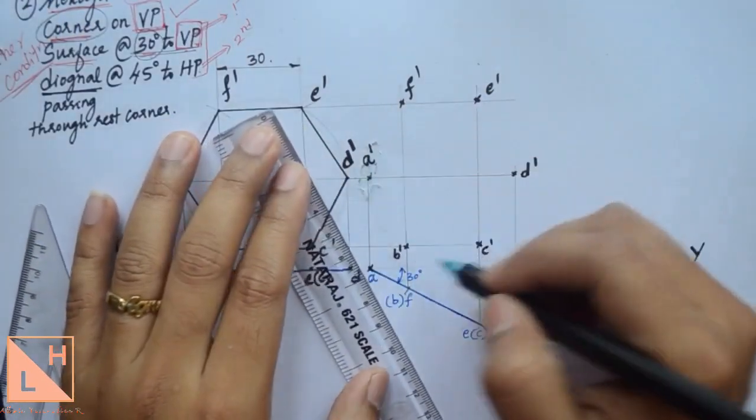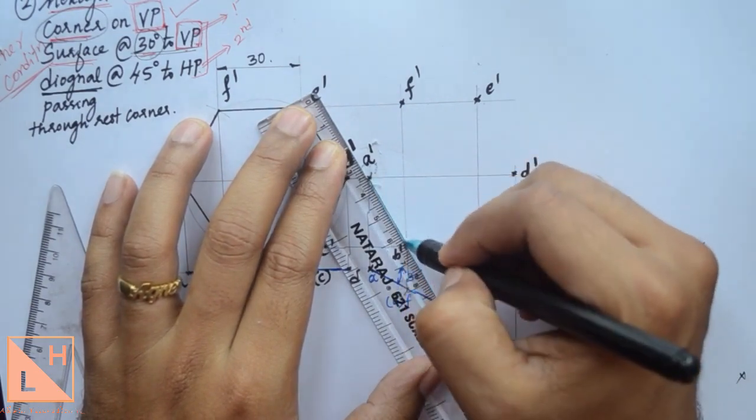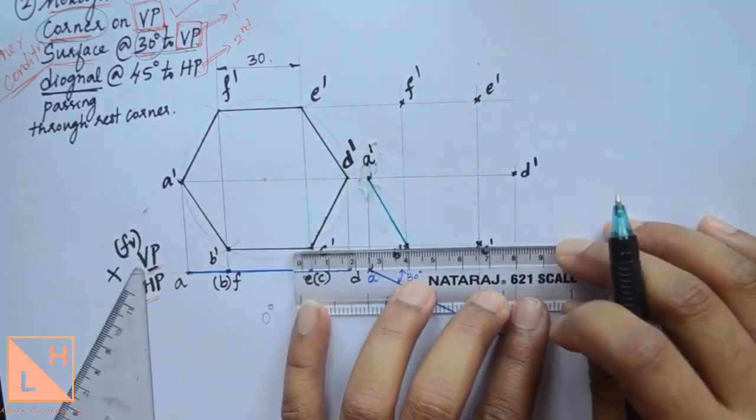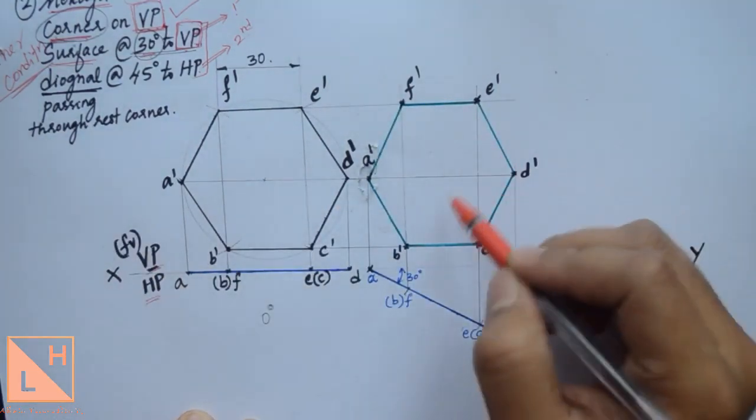Once you have got all six points, you can join them with a dark line. Now this completes the second position.